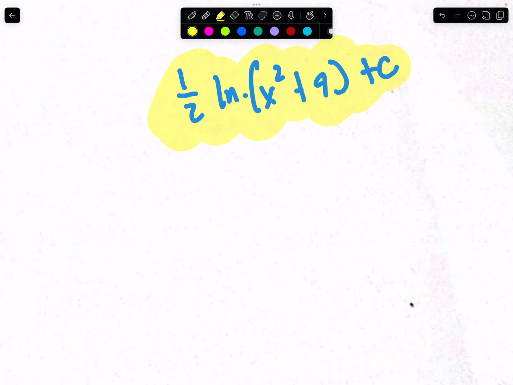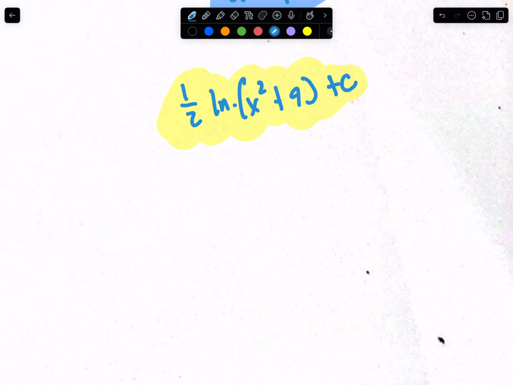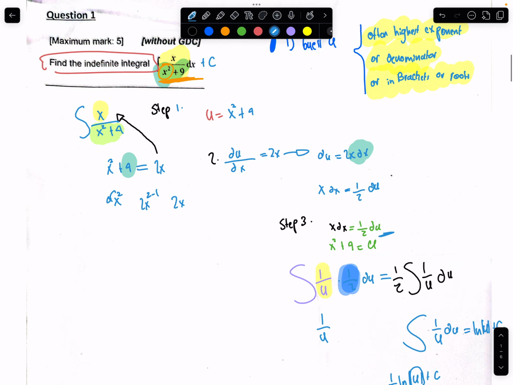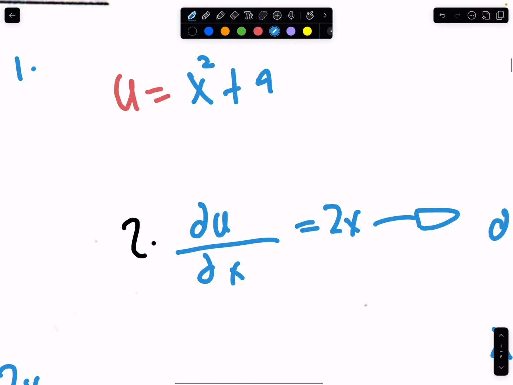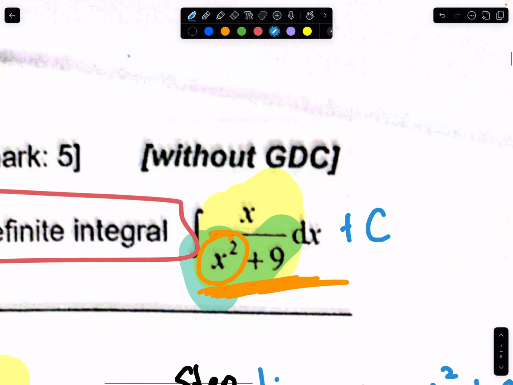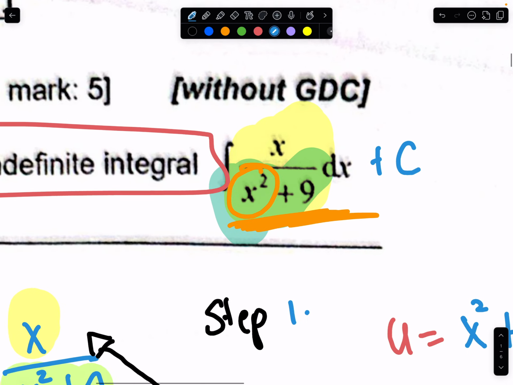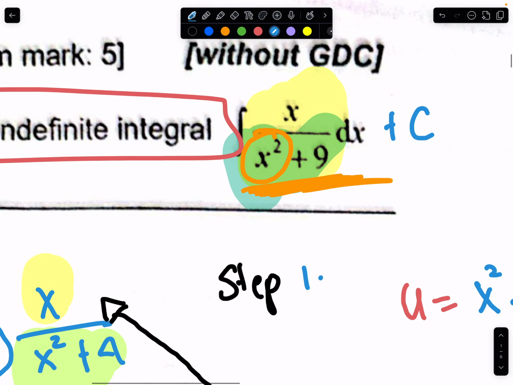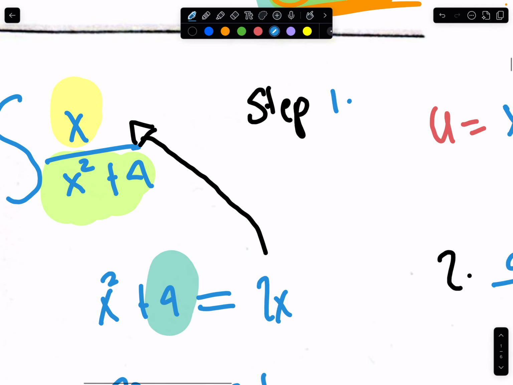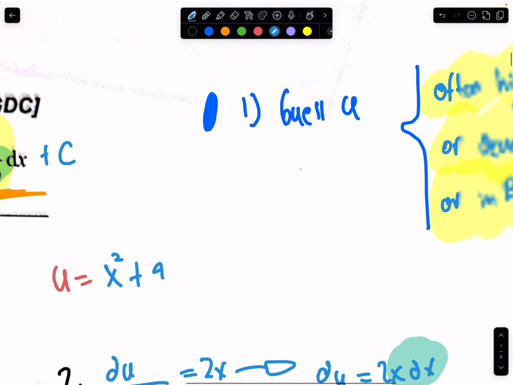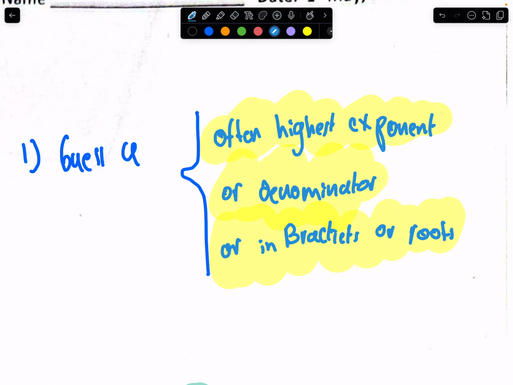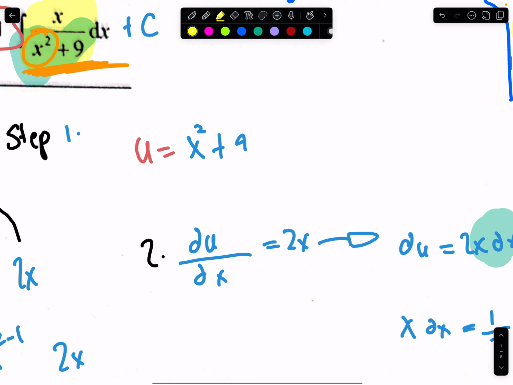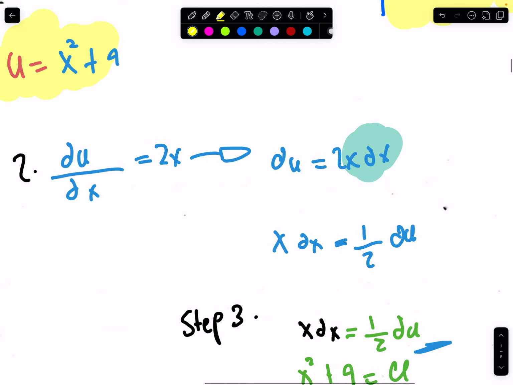Now a quick recap of what we have done to solve this indefinite integral. We looked at the structure and saw that x was related to the derivative of x squared plus 9. And that told us to try to substitute. Using these tips, we guessed u is equal to x squared plus 9. We differentiated it.